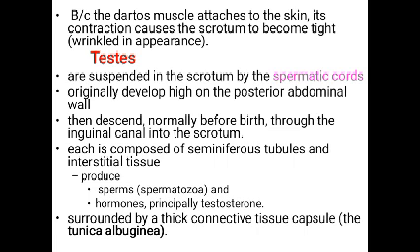Each is composed of seminiferous tubules and interstitial tissue, produces sperm or spermatozoa and hormones, principally testosterone, and is surrounded by a thick connective tissue capsule, the tunica albuginea.